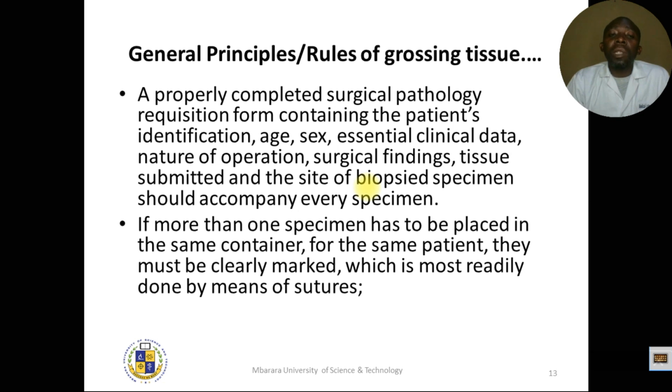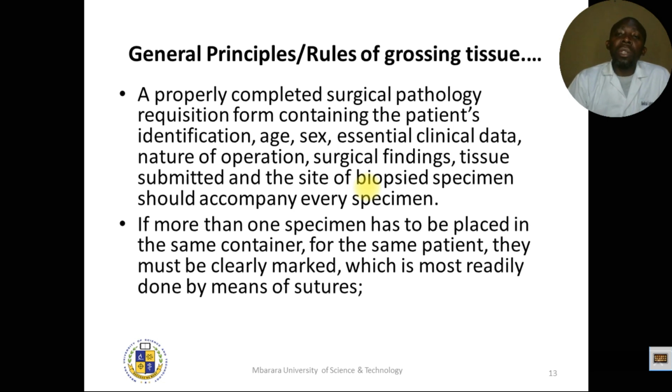We need to know where the tissue has been picked from, the site of the body where the tissue has been picked from, and the rest of the information is very important. So if more than one specimen has to be placed in the same container for the same patient, then they must be clearly marked, which is most readily done by means of sutures.